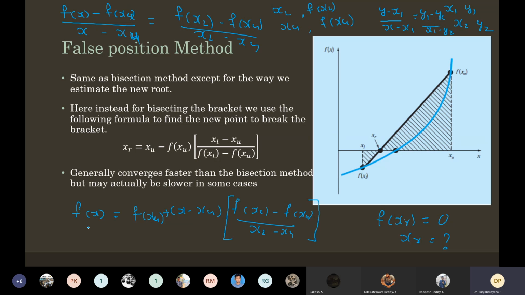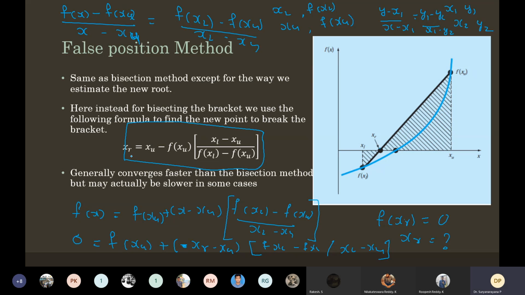So you substitute this: 0 equals f xu plus x minus xu, that is xr minus xu, times the slope, fxl minus fxu divided by xl minus xu. See that if you arrange this, this is what you get.